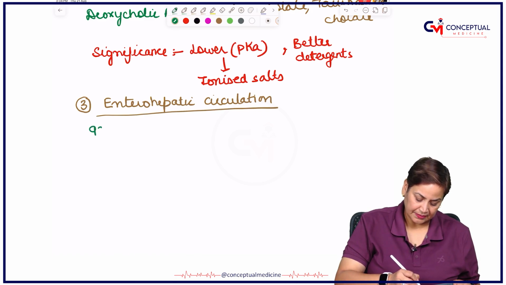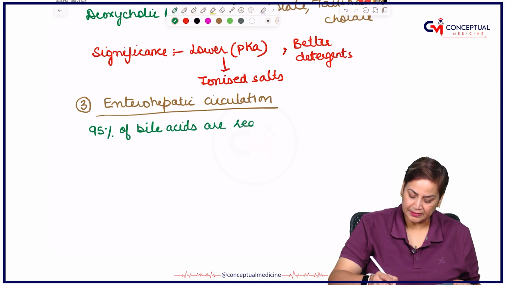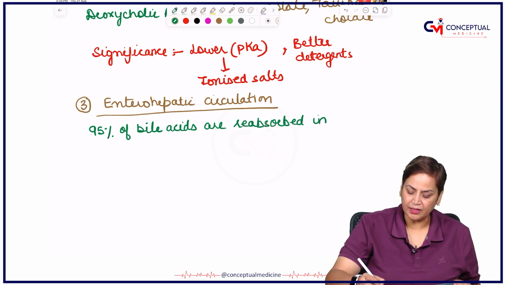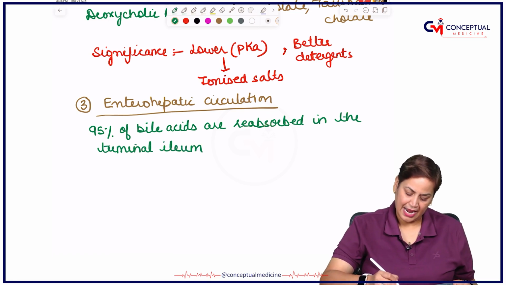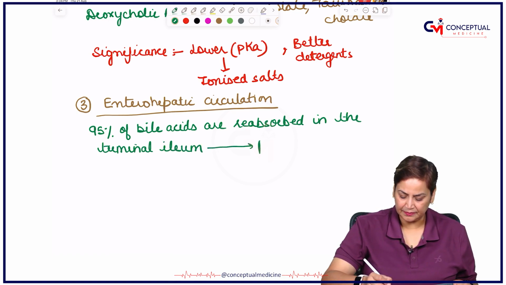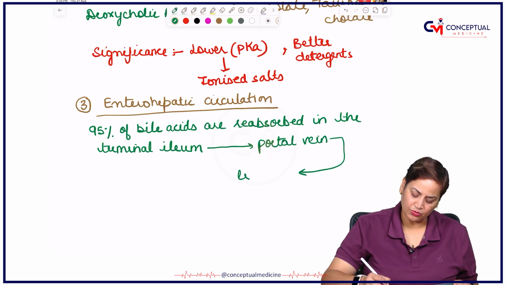So what happens in enterohepatic circulation? 95% of bile salts are reabsorbed in the terminal ileum, and via the portal vein sent to the liver and reused.